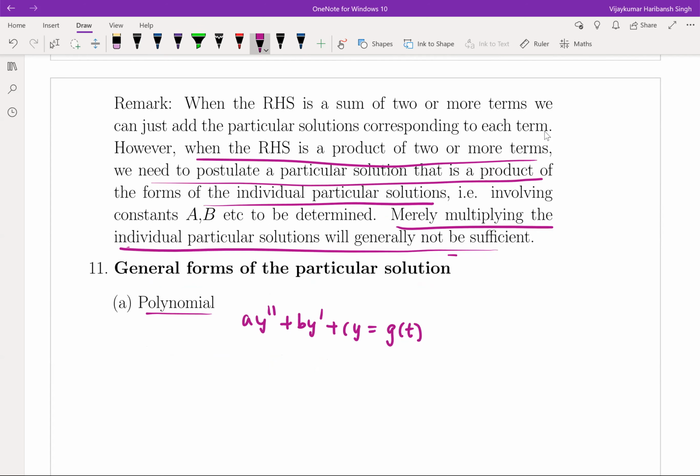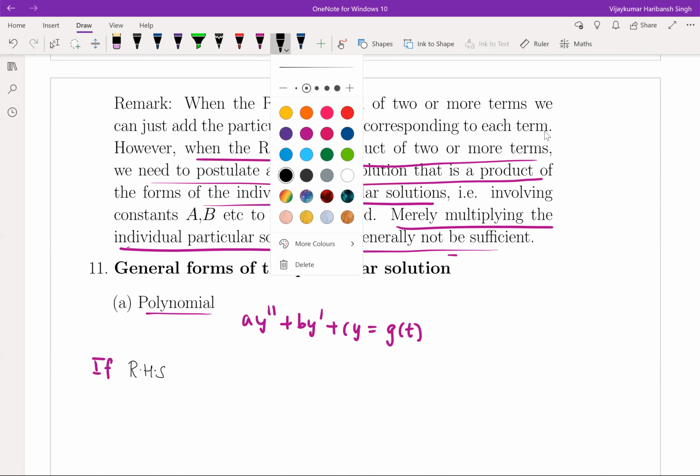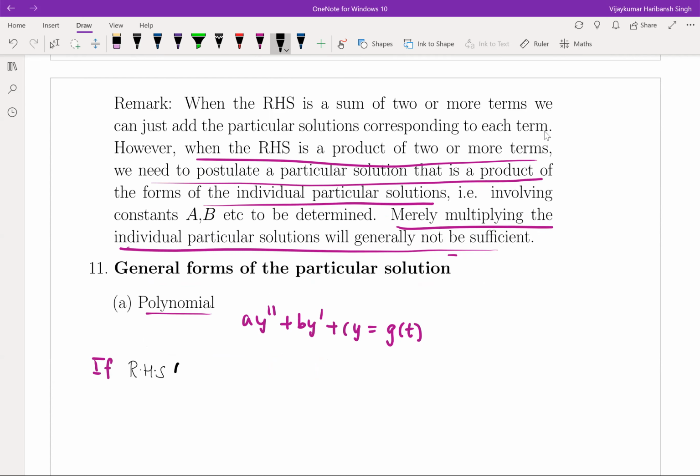So if the RHS, that is your g of t, is a polynomial of degree n, that is, what does it mean?